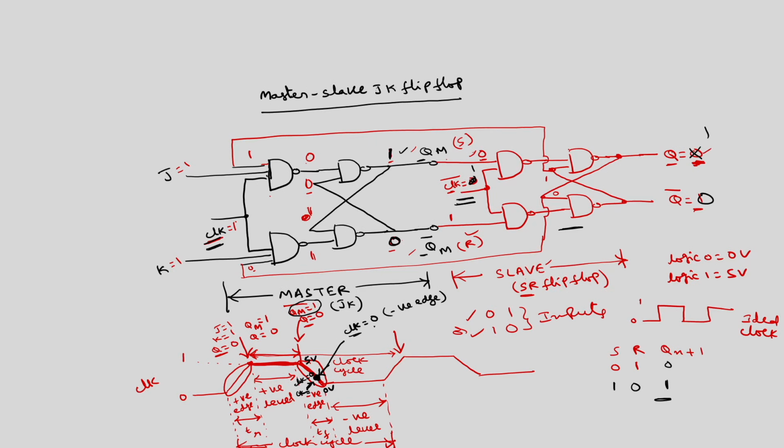Exactly at this particular point, Q becomes 1, whereas Qm remains at 1 only. After that this goes to 0, this is also logic 0 only, this is the starting point of logic 0. Suppose this logic 0 is taken as 0 to 0.2 volts.